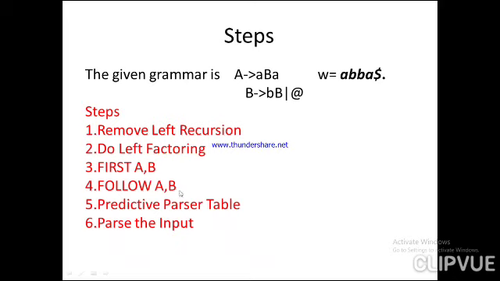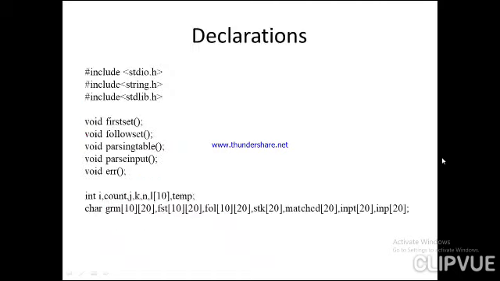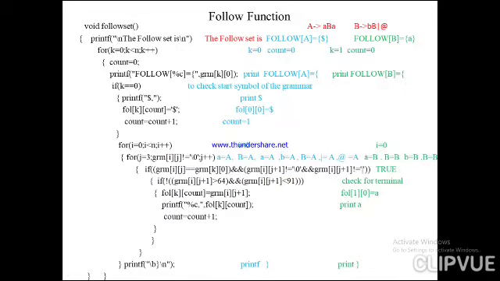And what is the follow of A? Are you having the A symbol anywhere in either production? No. But since it is the start symbol, the follow of A is dollar. Then what is the follow of B?